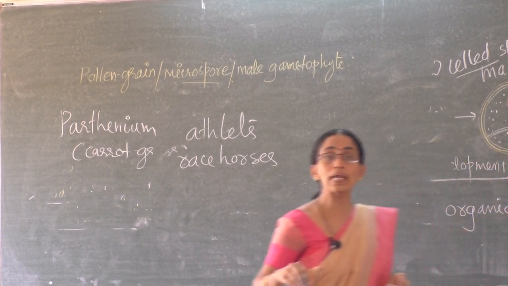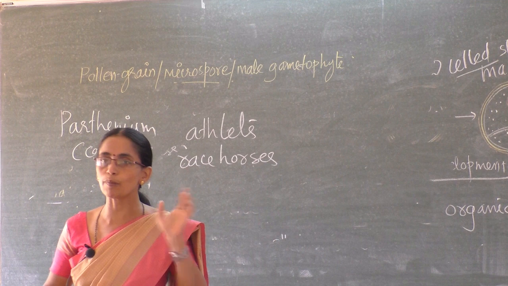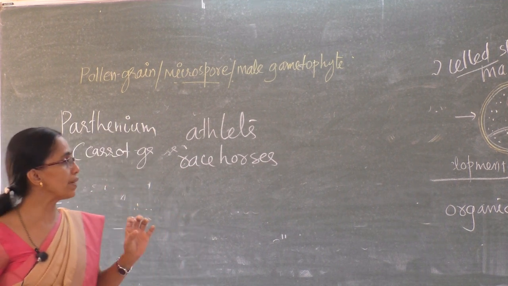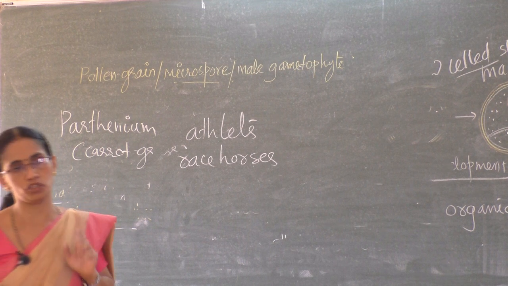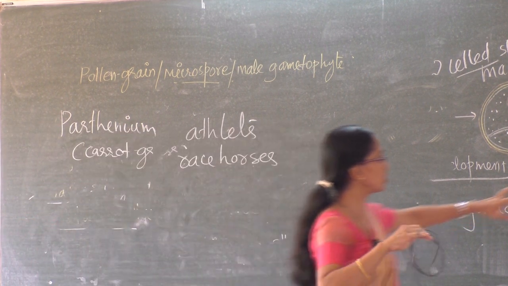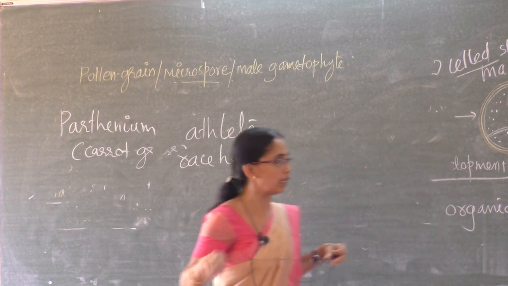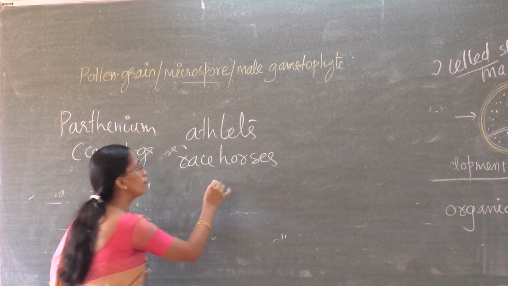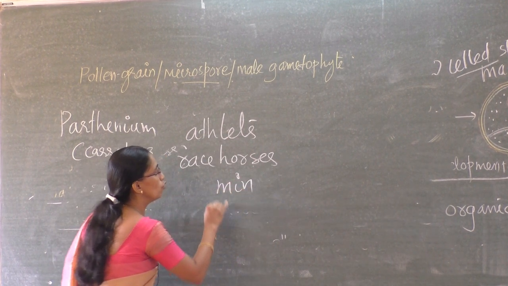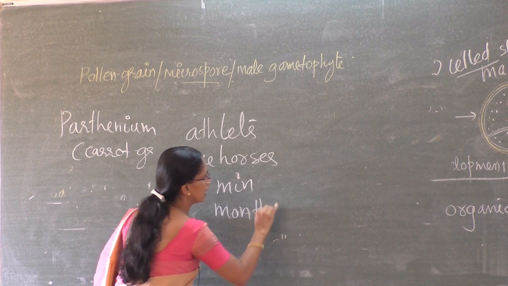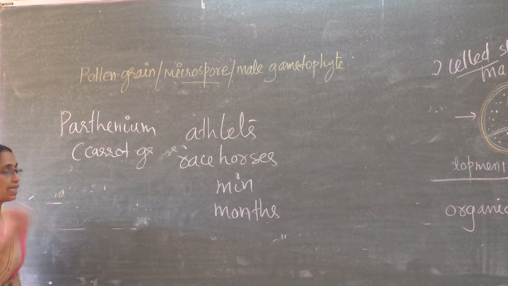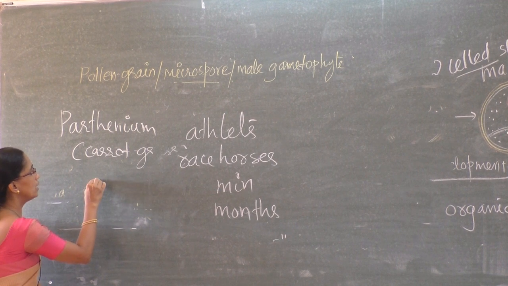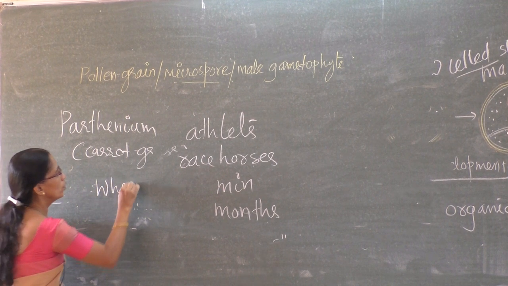Viability of pollen varies from plant to plant, mainly depending upon the prevailing temperature and moisture. In few, the viability is just a few minutes, whereas in few, it is for few months.